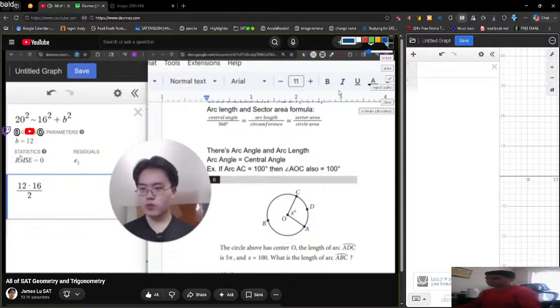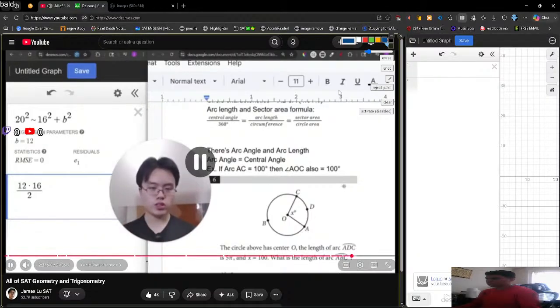You can memorize it if you want to, but I just want you to understand it so it makes sense to you. It looks proportional.